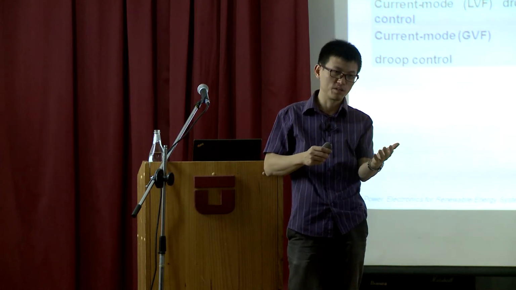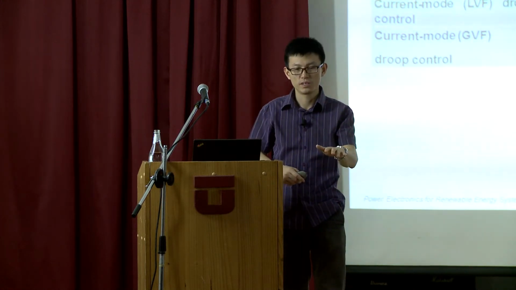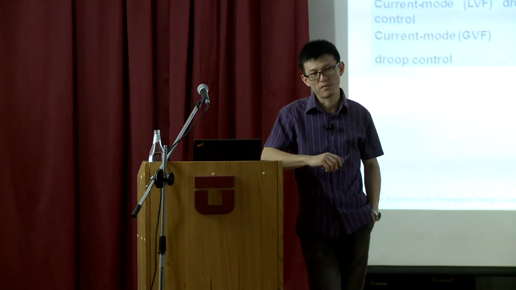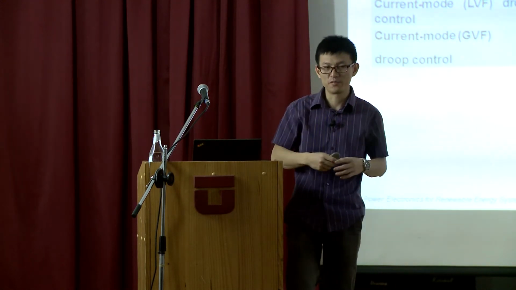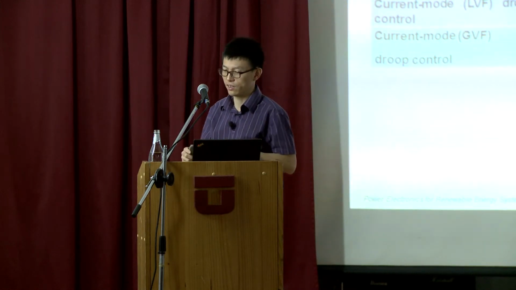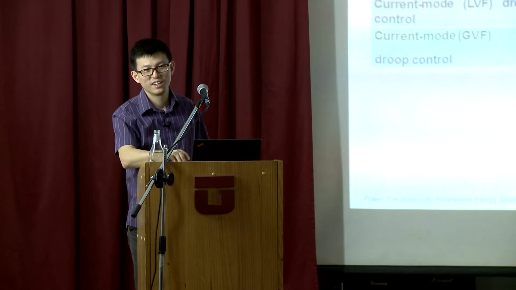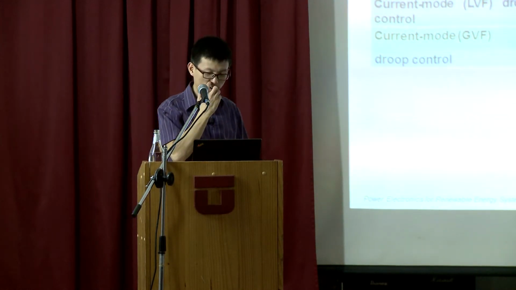But with current mode, the droop gain is actually included in the system, so you have some dynamics change when you have the droop. Voltage droop is more like feed-forward control. You'll see this later on. Of course, with more soft droop, you have more problems in the current mode.